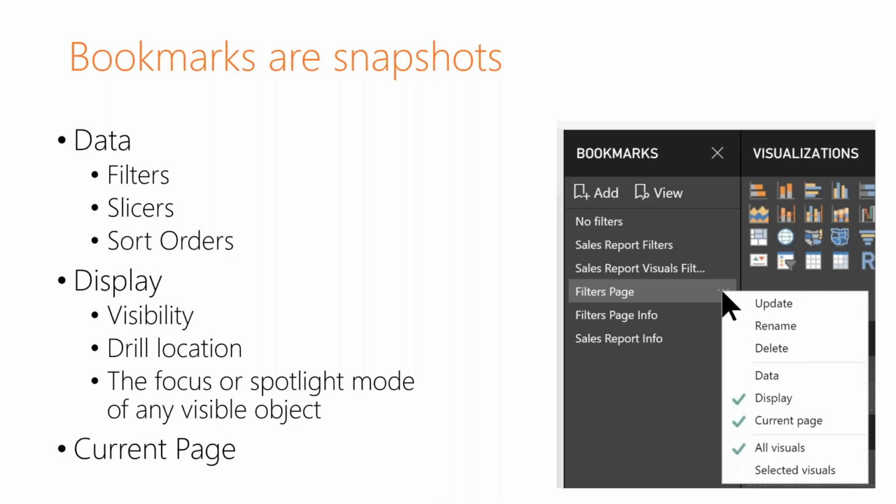Bookmarks in Power BI are kind of snapshots. They are views. You build your report page, you choose what results are visible and what are hidden, and then you can save it as a bookmark. But actually the bookmark is much more than just a view.